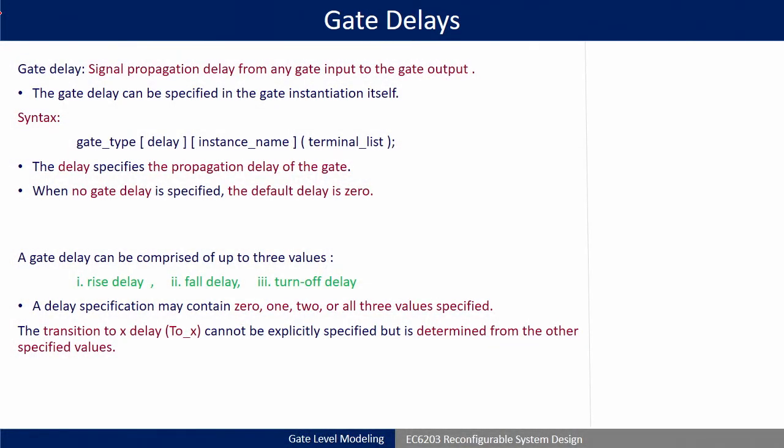Now we will discuss gate delays. In the gate level primitive standard syntax we have seen that we first write the gate, followed by delay, then instance name, followed by output first and then input. Depending upon whether it is a buf if 0 or buf if 1, we have to give the appropriate control signal for data transfer.